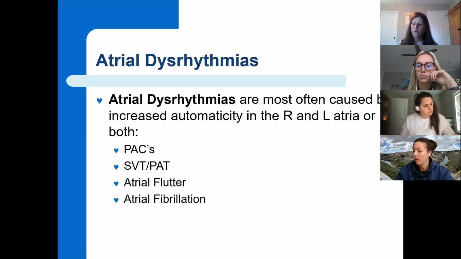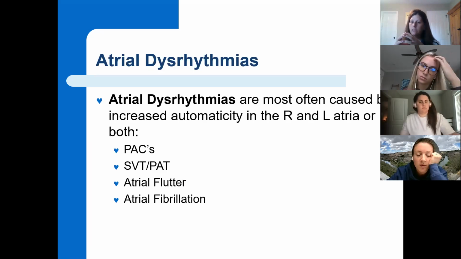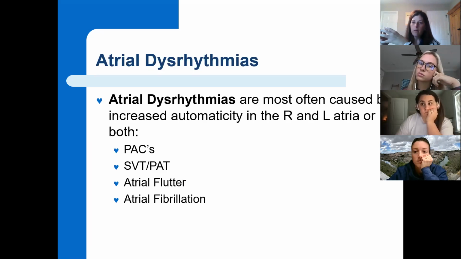So now we're going to move into atrial dysrhythmias. So when you're studying, if you think about this in chunks or in buckets, what we've done so far is talk about our only normal rhythm, and then the sinus brady, sinus tach, sinus arrhythmia, which is the exit block or the arrest.